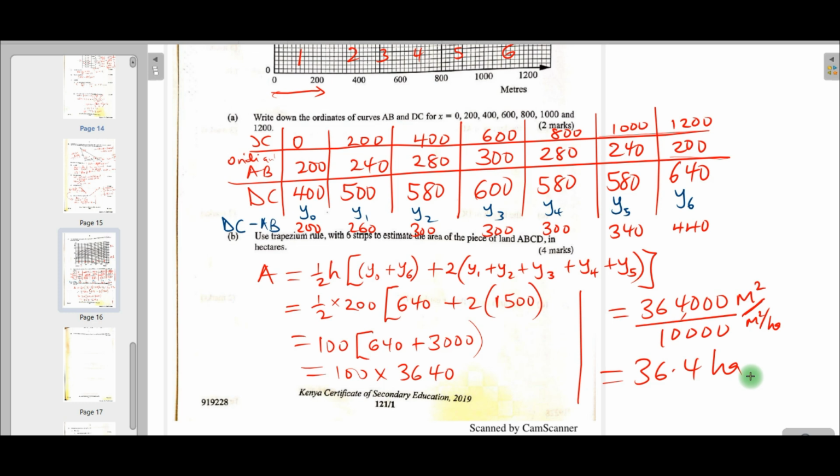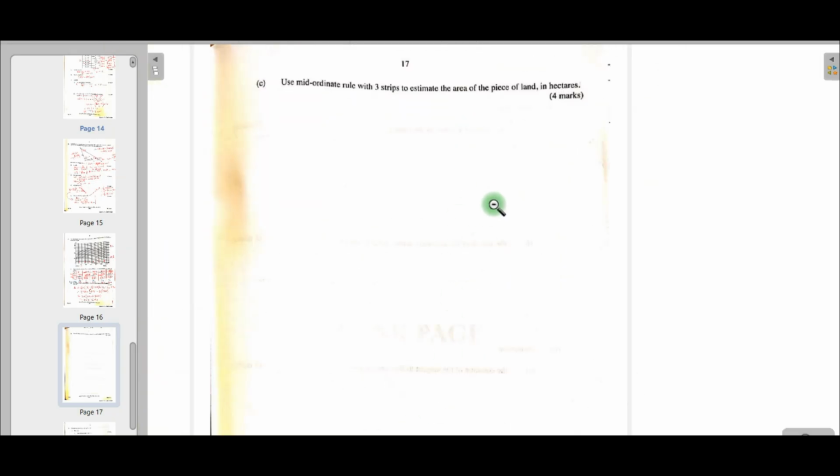Then the last part of this question, we use the mid-ordinate rule with 3 strips to estimate the area of the land in hectares.